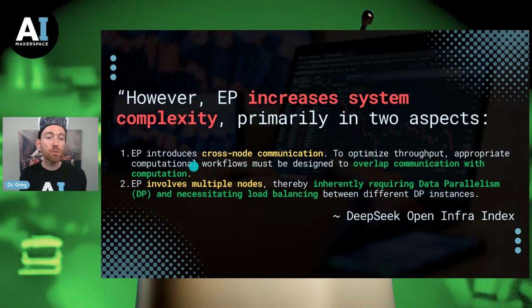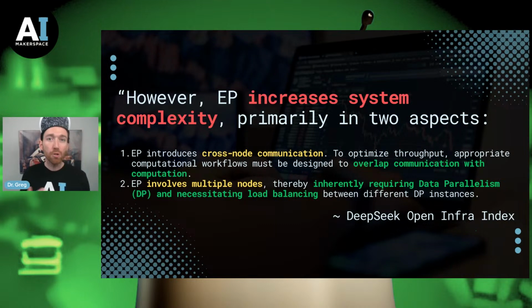Expert parallelism introduces cross-node communication. We have to optimize this by overlapping communication with computation. It involves multiple nodes. Therefore, we require data parallelism and load balancing between the different nodes.